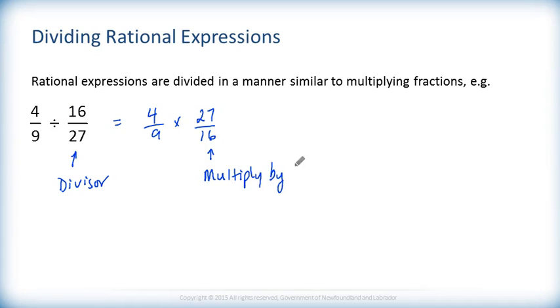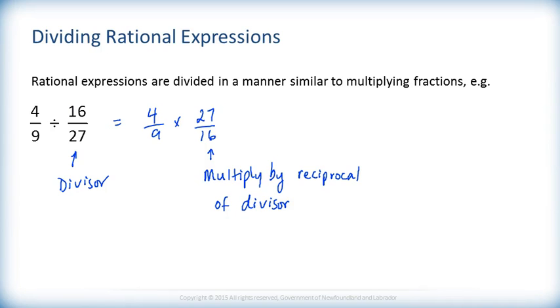From there it becomes a problem in multiplication like before. So I won't take that problem to its final simplified form, because now it's a problem like the very first one with multiplying rational expressions.